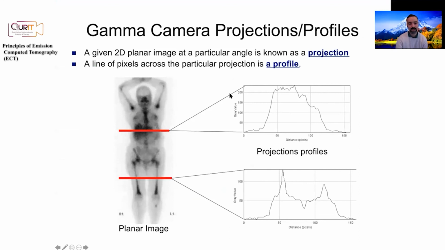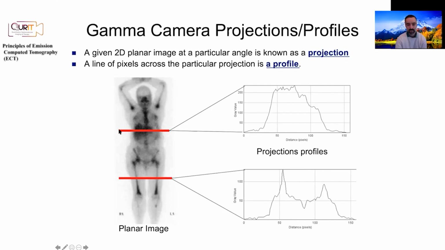So what we have here is an example of a planar projection image. This would be obtained if you had a diverging lens. I've talked about this before. If you had a diverging lens, you could image the entire body using a single gamma camera. But in typical practice, you're using parallel hole collimators, and you would be then acquiring such a thing in multiple bed positions, let's say in 2 beds or in 3 beds, etc. So this is a projection just at one angle, right?